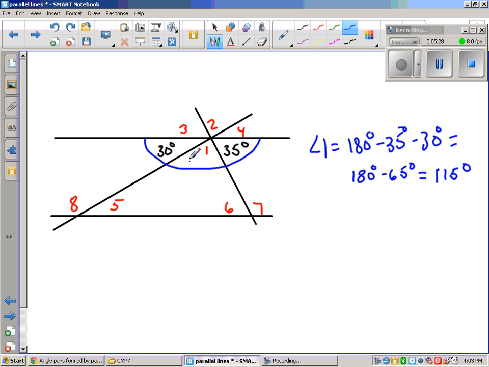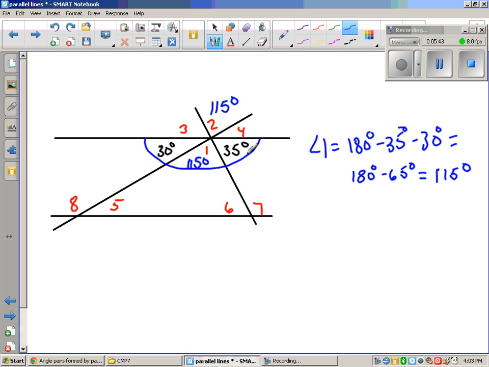So that's what angle 1 is, 115 degrees. Because angle 1 and angle 2 are vertical angles, that means that angle 2 is 115 degrees.